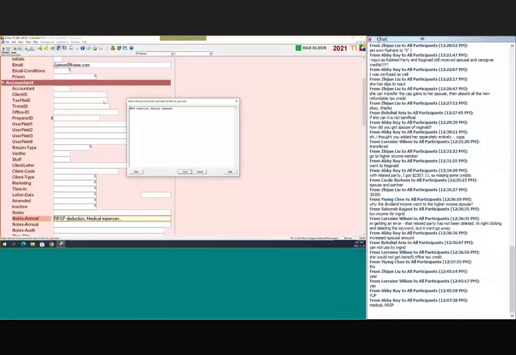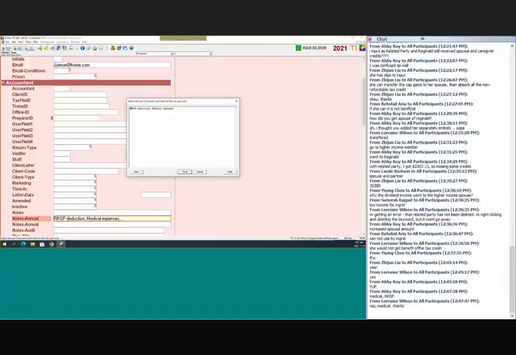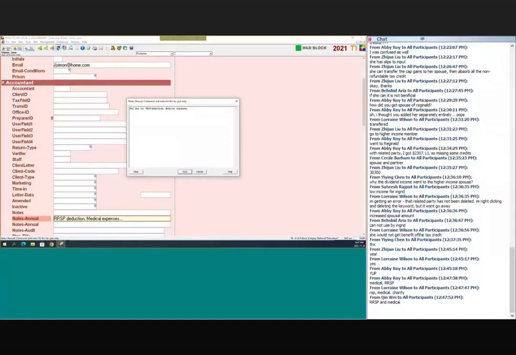So let's go here, refund due to RSP, medical. But you'll notice somebody's just said charity. So Lorraine, the charitable donation actually went on to her spouse's return because it was more beneficial. So in her case, her refund is due to the RSP deduction and the medical expenses.